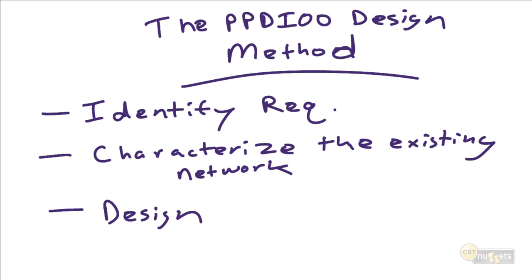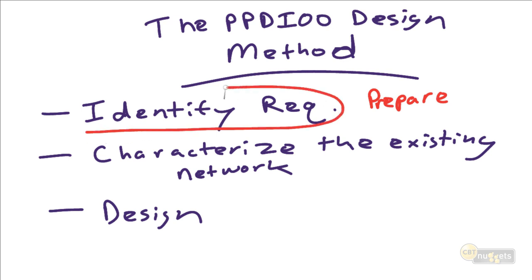From a design perspective, Cisco gives us literally a design methodology that ties into these phases. They say, look, in the prepare phase, we want you to really work hard to identify the requirements of the customer. And I'm going to give you some guidance on this, of course, in this nugget.